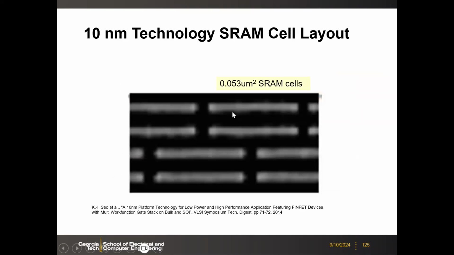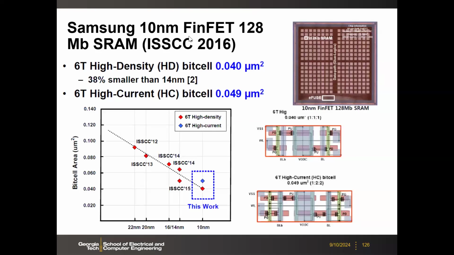So this is the 10 nanometer node. And then the cell size shrinks to about 0.05 micrometer square. And here at ISSCC 2016, Samsung reported a 128 megabit SRAM macro with 10 nanometer FinFET.